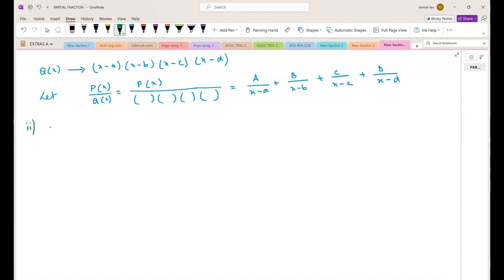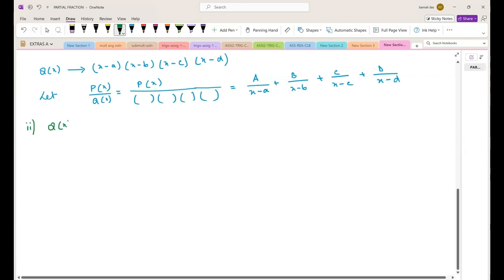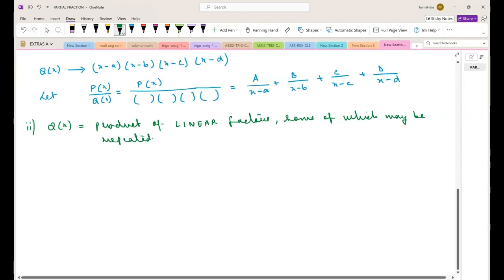Here qx, I'm just writing it in short, is a product of still linear factors, some of which may be repeated. So here the main thing is, first of all, they are linear and some may get repeated.